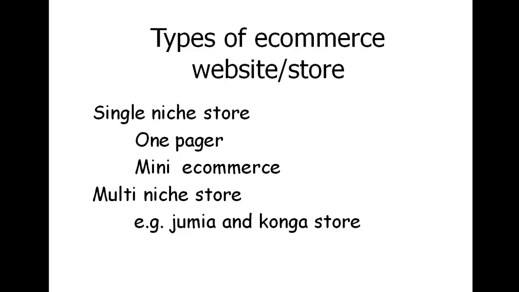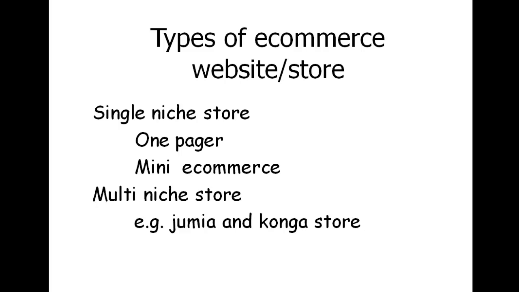So your niche choice means you can only focus on a particular product category. You can't sell everything. And this can be done using a one pager store or a mini e-commerce store. Our focus in this training will be on the mini e-commerce store, basically, which can allow you to sell 4 or 5 products under a particular niche.